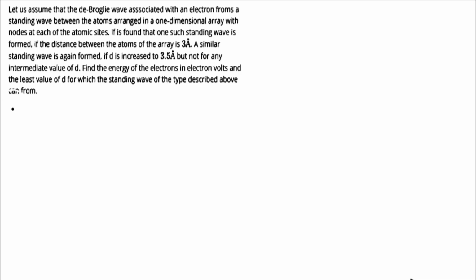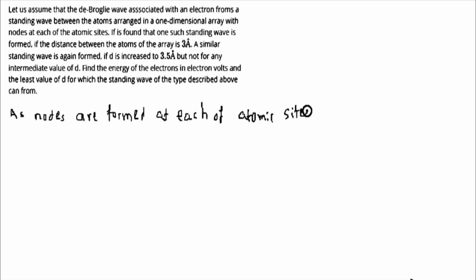As nodes are formed at each of the atomic sites, we can write: given is 3 angstrom, equals n lambda by 2.